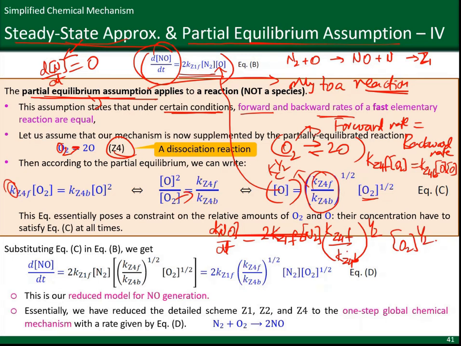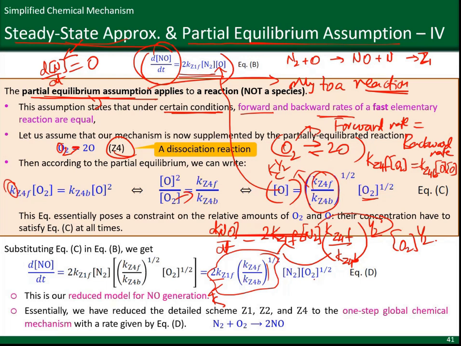Now we can put all of these reaction rate coefficients together and write the molecular concentrations together. So we can rearrange this to get the expression where 2 K_Z1F times these reaction rate coefficients all can be taken as one big K, times N2 times O2 raised to half.